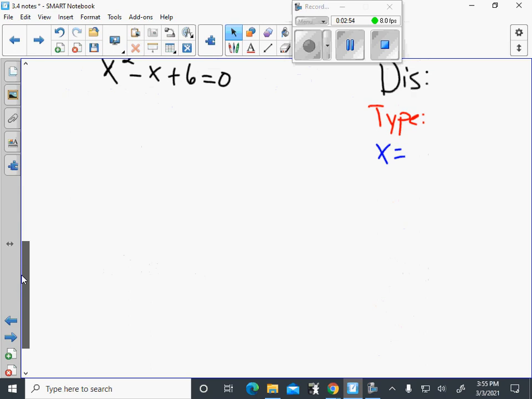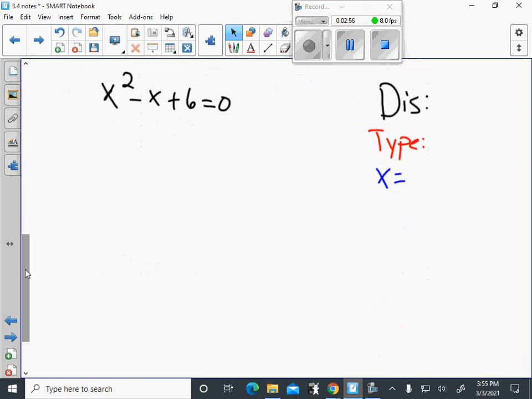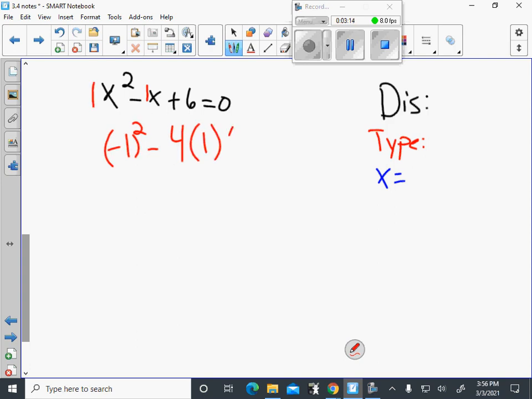And do the same thing here. The discriminant is b squared minus 4ac. So what's b squared? Well, there's a 1 here, so it's like saying it's a negative 1, right? So negative 1 squared minus 4 times a, which is 1, times c.